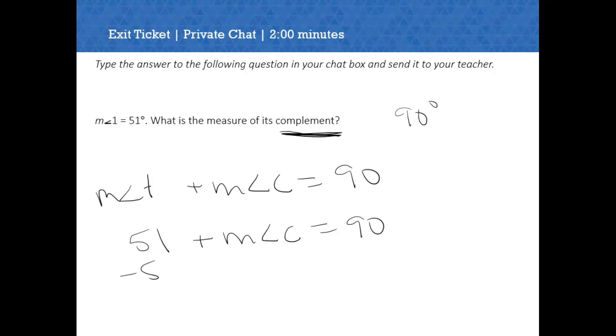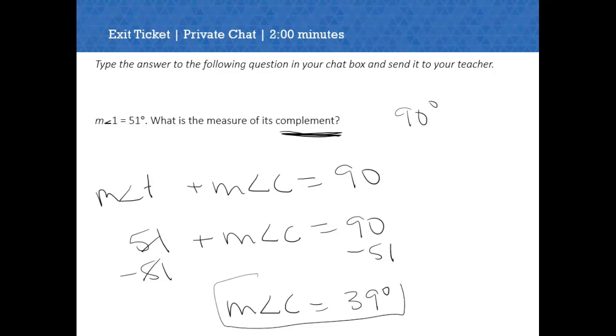To move this to the other side, we subtract. These cancel, so the measure of its complement is 39 degrees. Again, knowing the difference between supplement and complement is the main idea of this lesson.